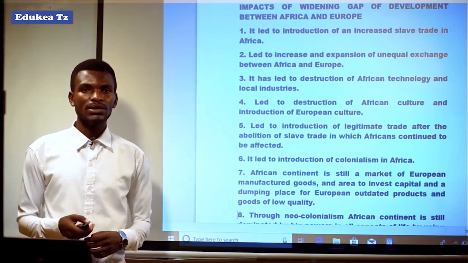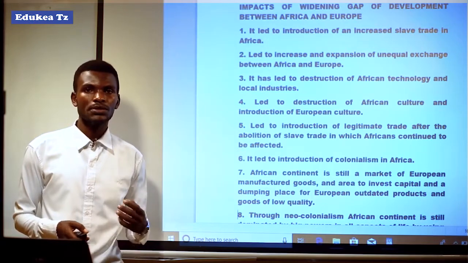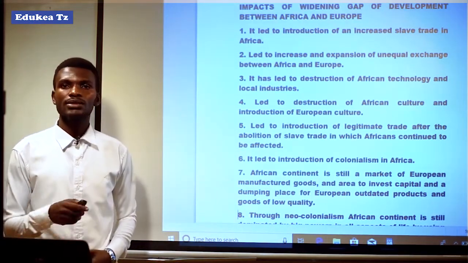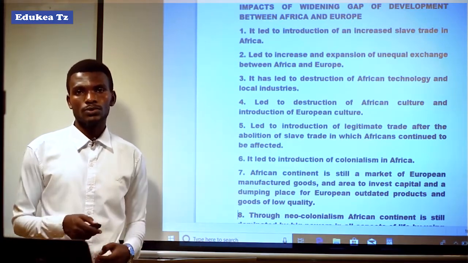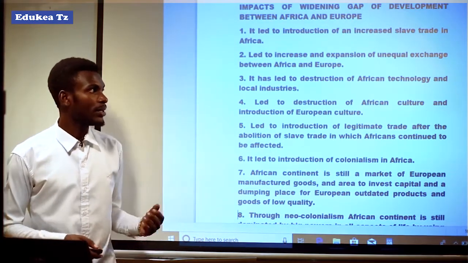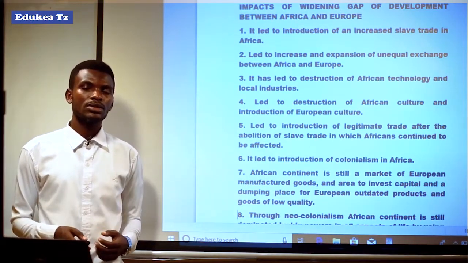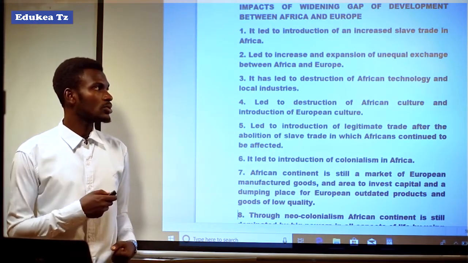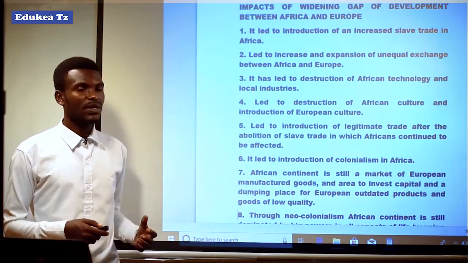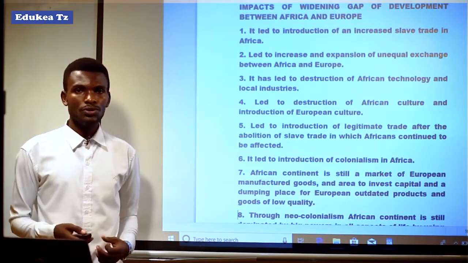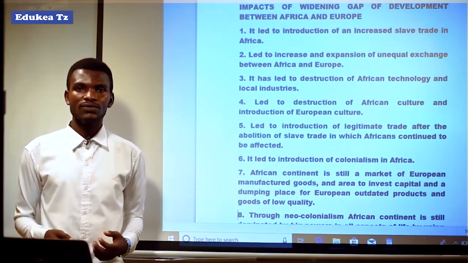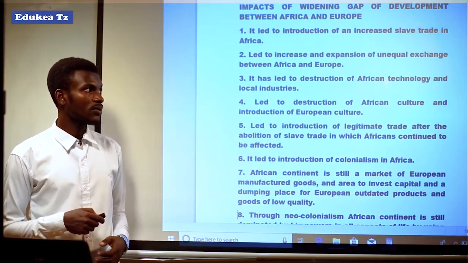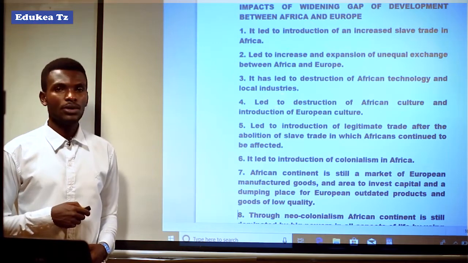Those people who could participate in African technology or in production of goods using African technology were taken as slaves to America to produce on behalf of the Europeans, and the African continent remained with no productive forces who could use the local technology and participate in local industries to produce African goods and services for themselves. So that has marked the destruction of African technology and the local industries.